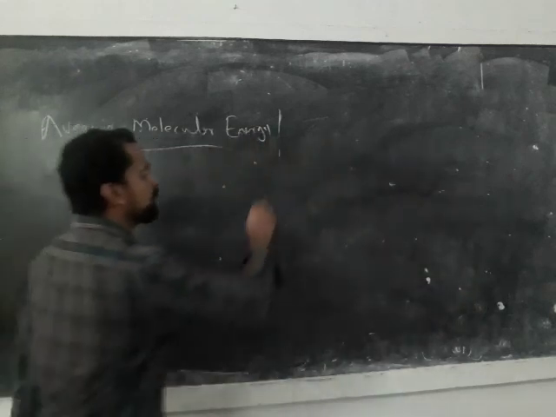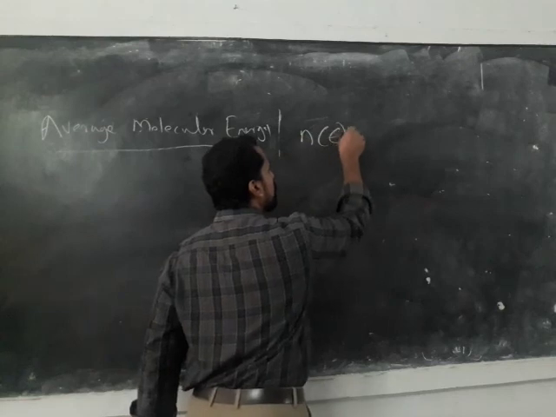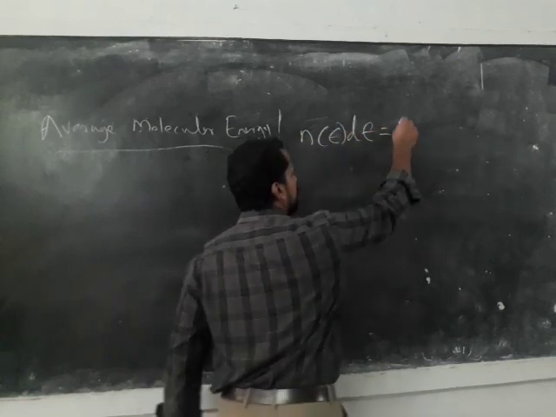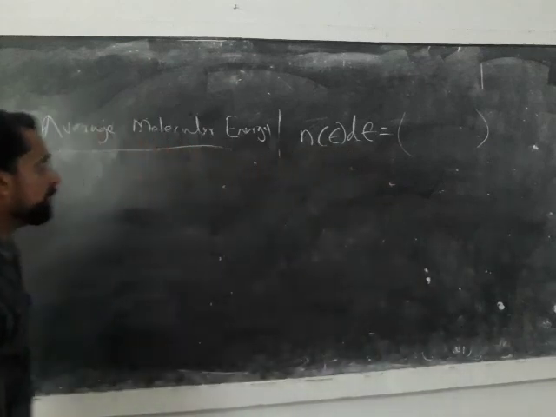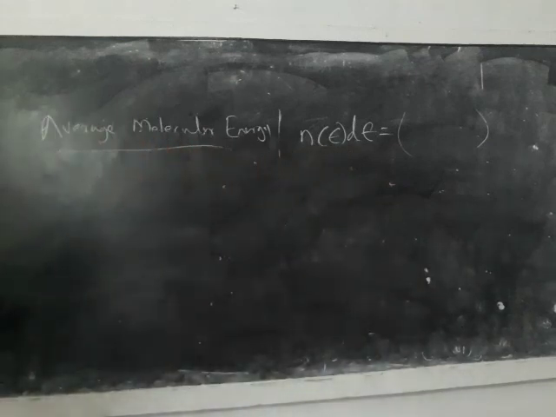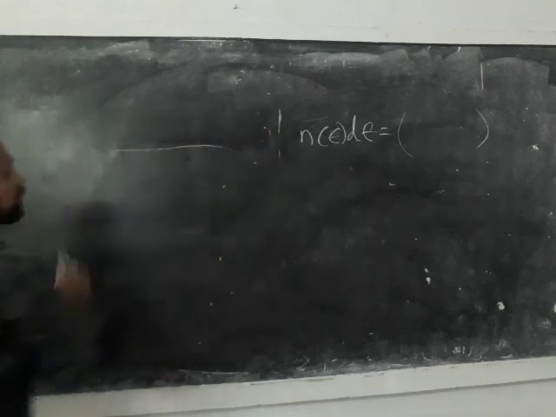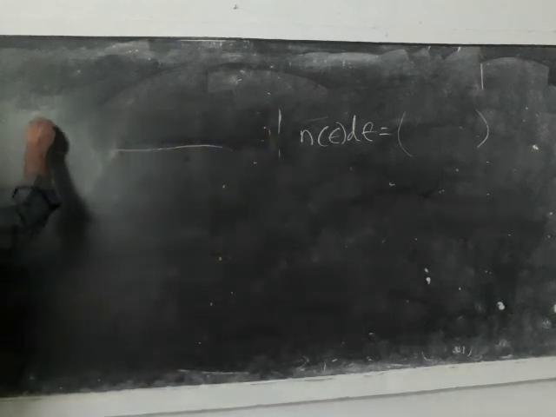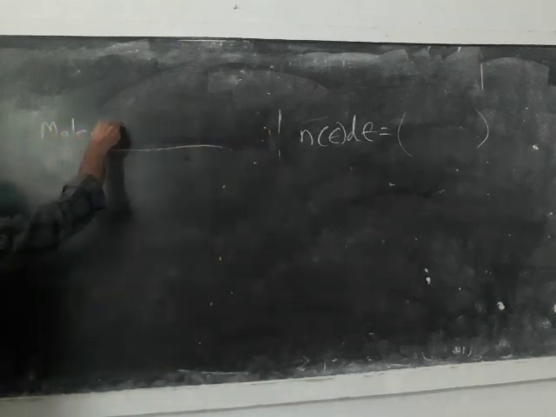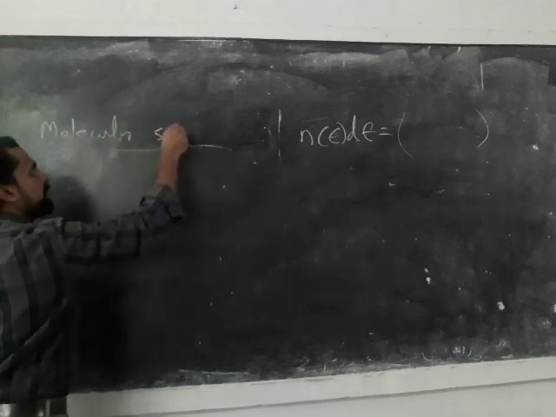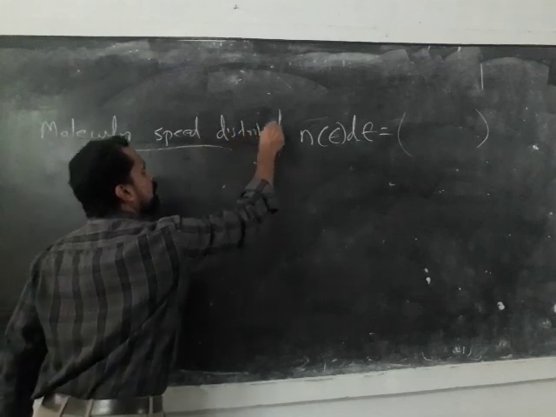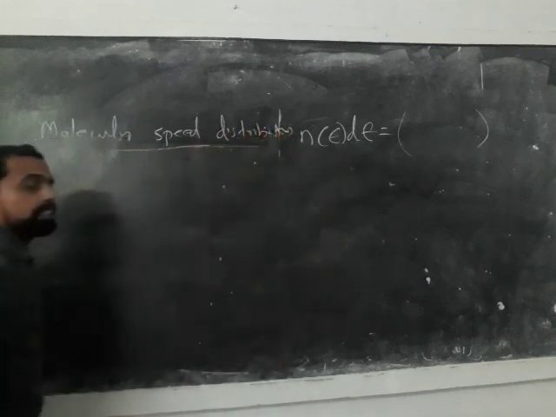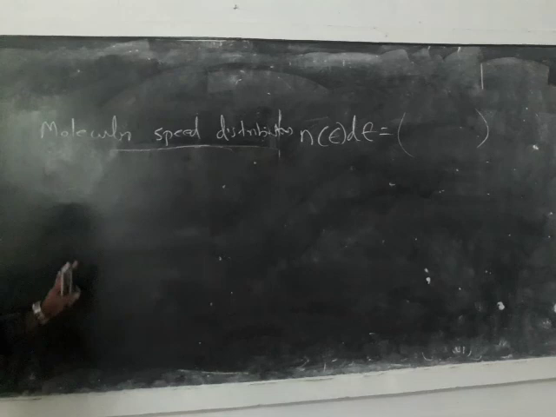Here again you write the expression for n of epsilon d epsilon, and I am not repeating it again. What you need now is the molecular speed distribution, so this you need to find out.